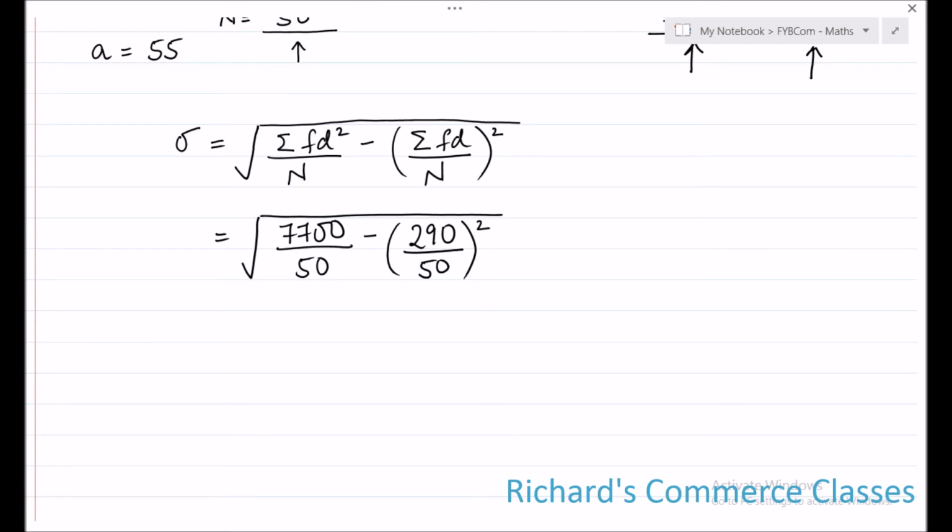Now solving this further, that is equal to square root of 7,700 divided by 50. The answer is 154.